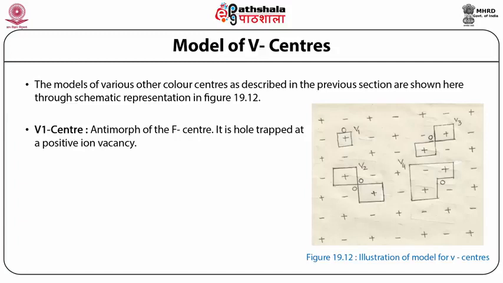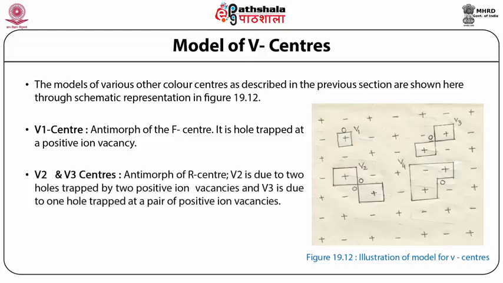It is a hole trapped at a positive ion vacancy. V2 and V3 centers are antimorphs of R center. V2 is due to two holes trapped by two positive ion vacancies, and V3 is due to one hole trapped at a pair of positive ion vacancies.